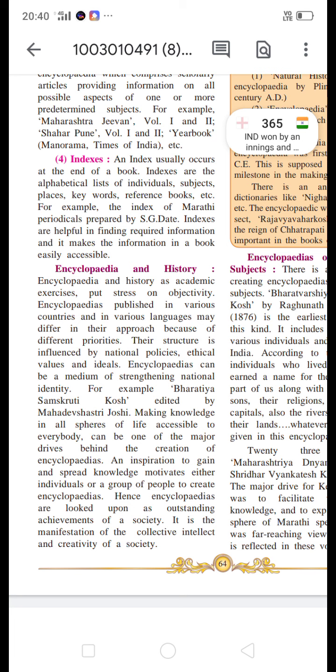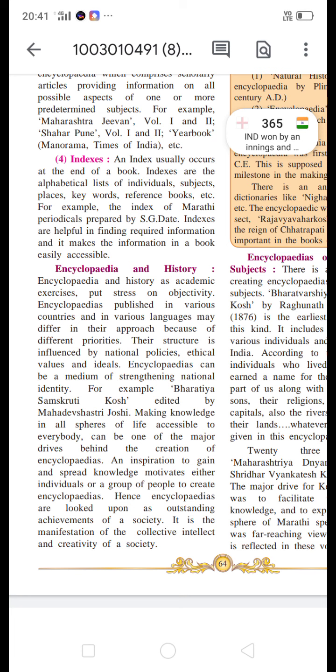His far-reaching view of history is reflected in these volumes.